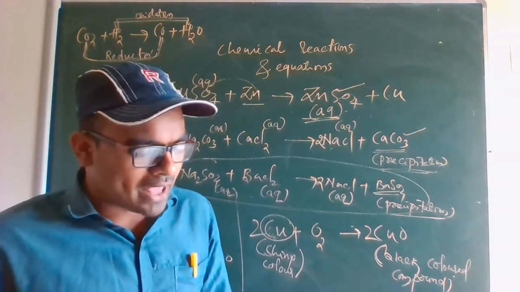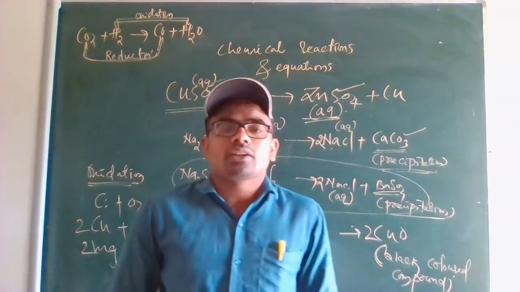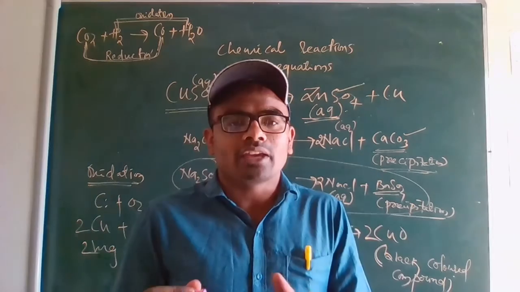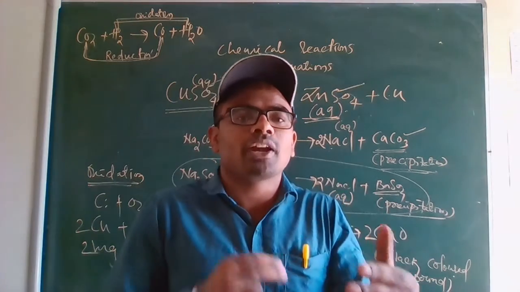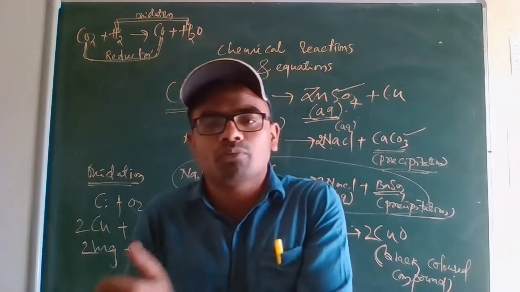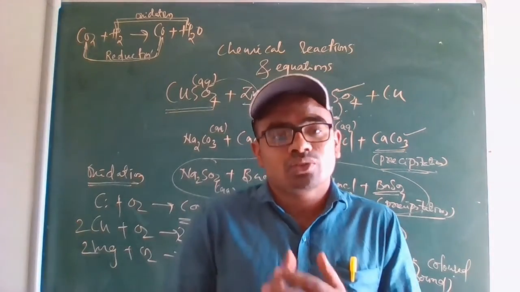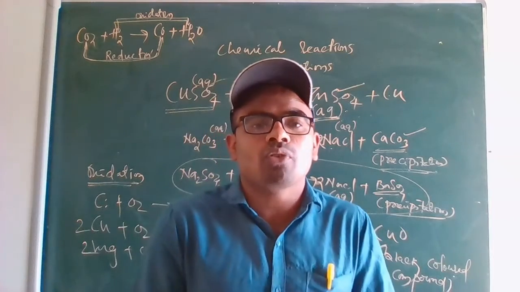Why do we apply paint on iron articles? See, iron articles usually undergo corrosion because the iron will react with the moisture content of the air and it will become iron oxide, that is, it will become corroded. So this is the reason we have to prevent the iron surface from corrosion.